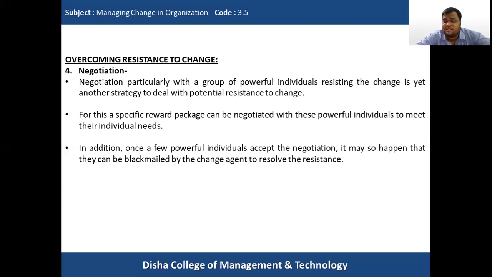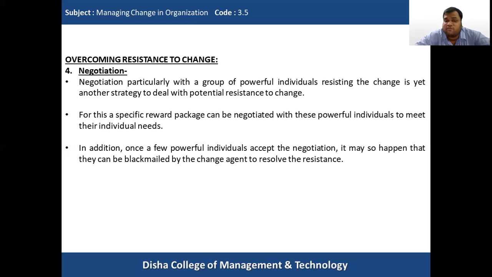In addition, once a few powerful individuals accept the negotiation, it may so happen that they may be blackmailed by the change agent to resolve the resistance. So what happens in a group of powerful individuals who are resisting the change is, if we try to allure or attract certain people by giving a reward package, by negotiating with them, then if those few powerful individuals accept the negotiation, they can be blackmailed by the organization or the change agent to resolve this resistance.